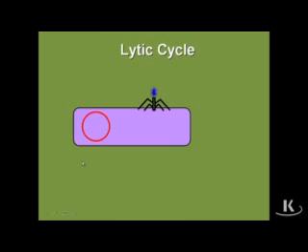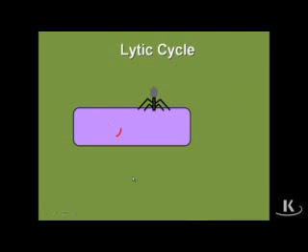Phage, being a little bit different from mammalian viruses that infect mammalian cells, just injects the DNA through this little tail tube into the bacterial cell. So we're going to inject that DNA into the bacterial cell, and now this phage is going to replicate. As it's replicating, it's going to get transcribed and translated. We're going to make proteins.